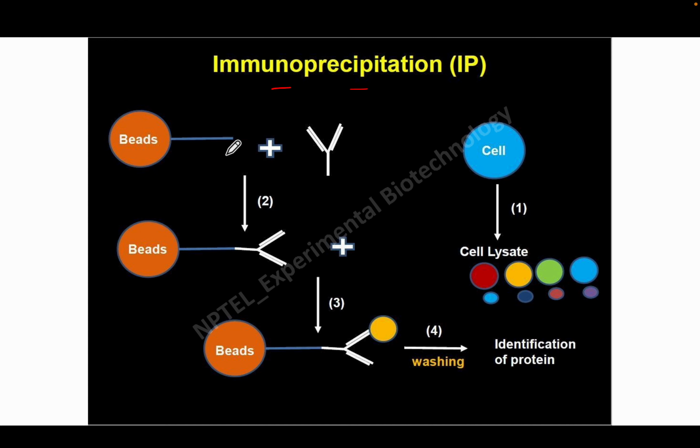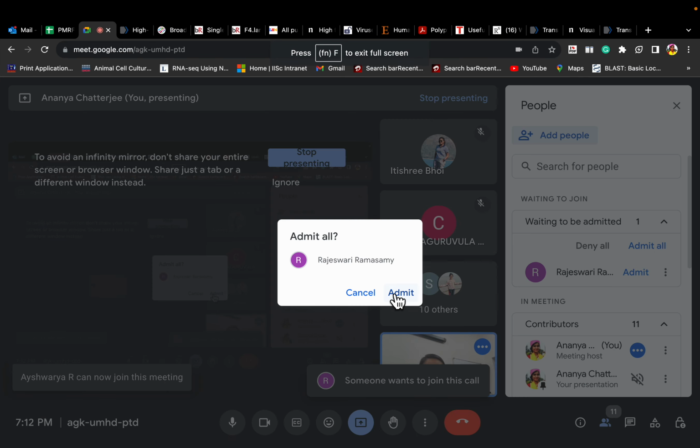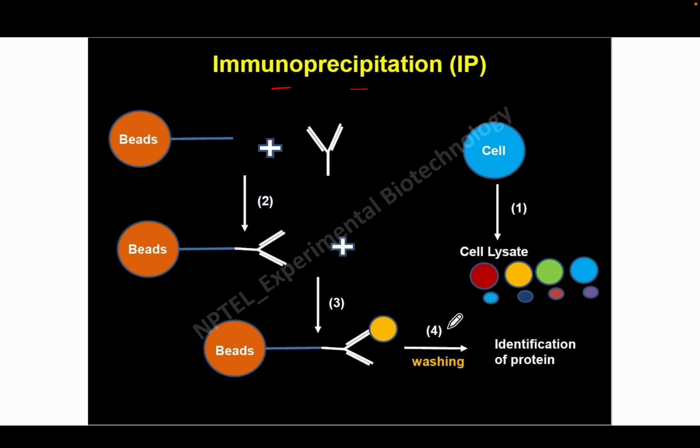You have beads and your antibodies are attached to the beads, and you are also collecting cell lysates. Some particular antigen will bind to the antibody, and then you will identify those, because only those antigens will bind to the antibody specifically.